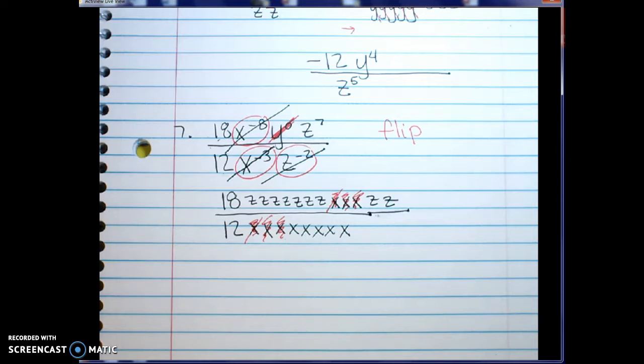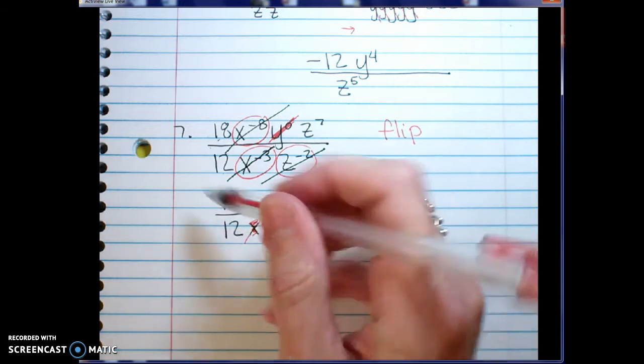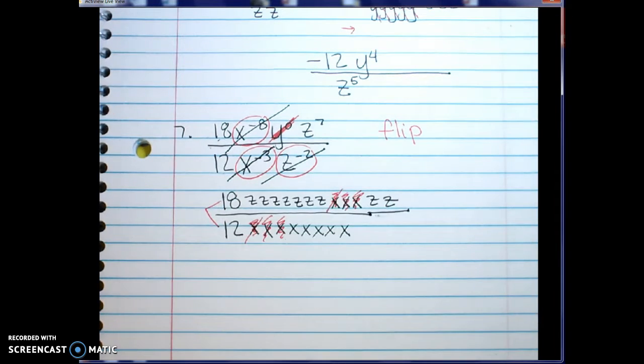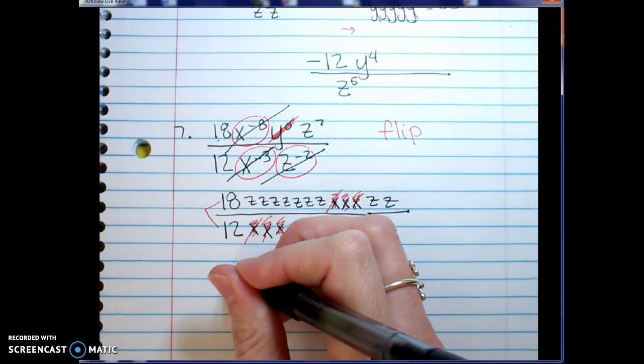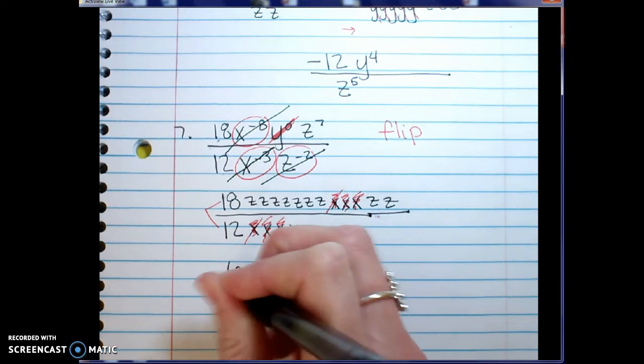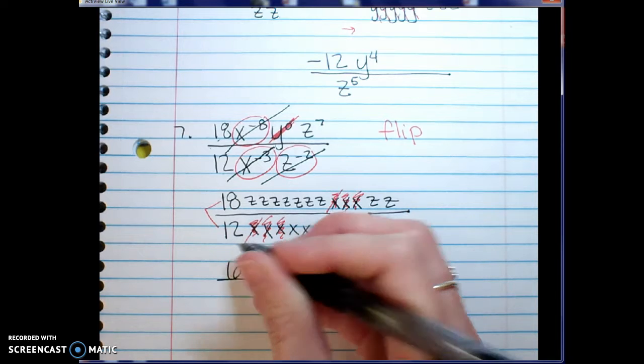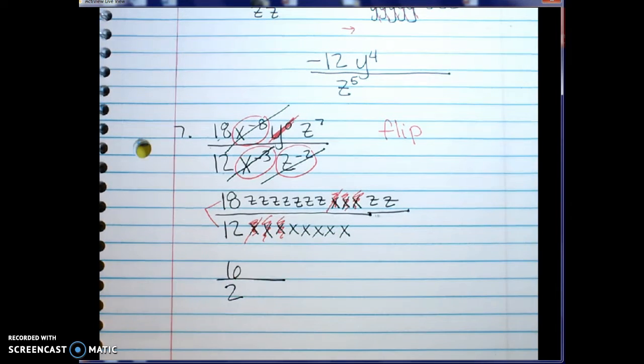Okay, now I can look to rewrite my fraction. When I rewrite this, I do notice here that I have this 18 divided by 12. Can I reduce that? Can I reduce 18 and 12? Yeah, I can divide them both by what? 6. 6 would be the biggest number, the easiest, the best thing to reduce them by. So if I do 18 divided by 6, what do I get? 3. And if I do on the denominator 12 divided by 6, 2.